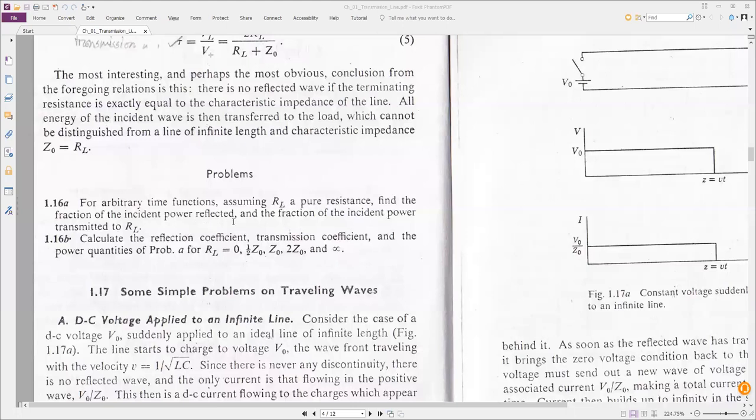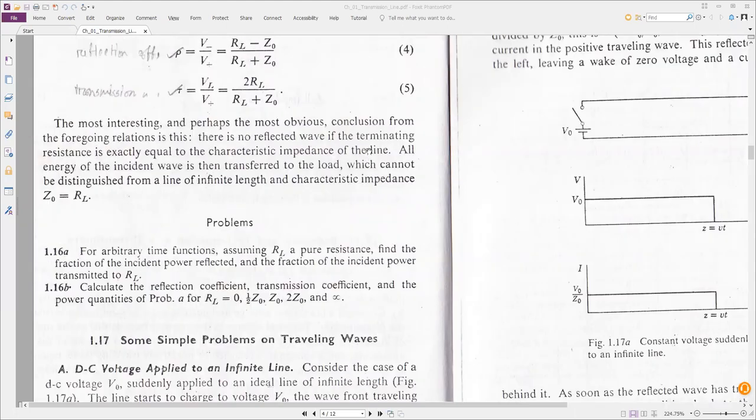Some problems are there. What would happen in these cases? For arbitrary time functions, assuming RL a pure resistance, find the fraction of the incident power reflected and the fraction of the incident power transmitted.